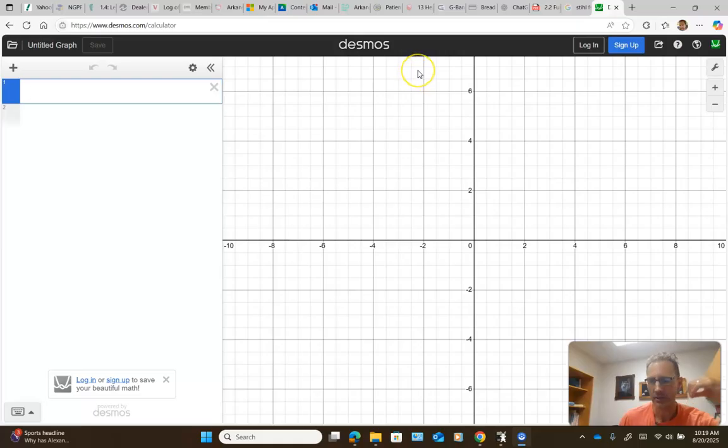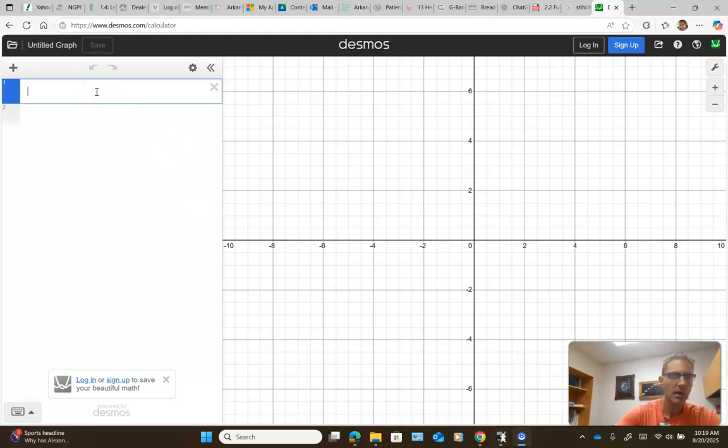Actually, a student, I guess maybe about 5 years ago, showed me this website. It's called Desmos, DESMOS.com. All you have to do is type in your function, and the nice thing about this is you'll get a much more detailed picture of the graph.